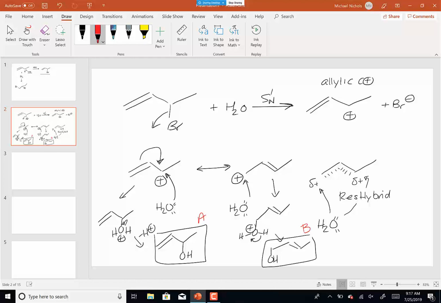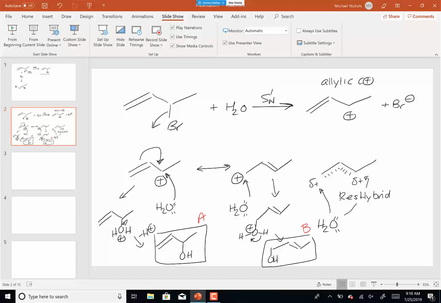Argument for A, you could say that the carbocation is not only secondary, but it's also allylic. So the intermediate here is what kind of carbocation?